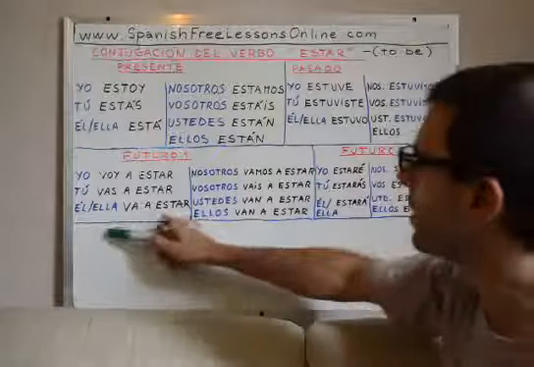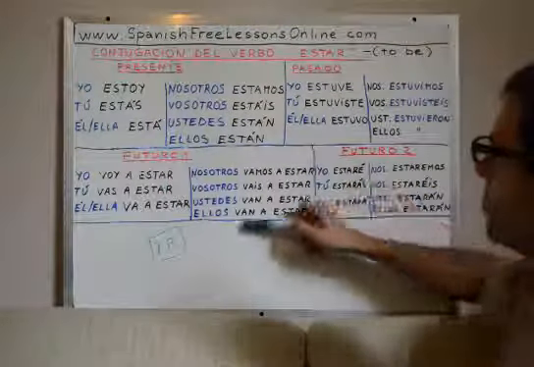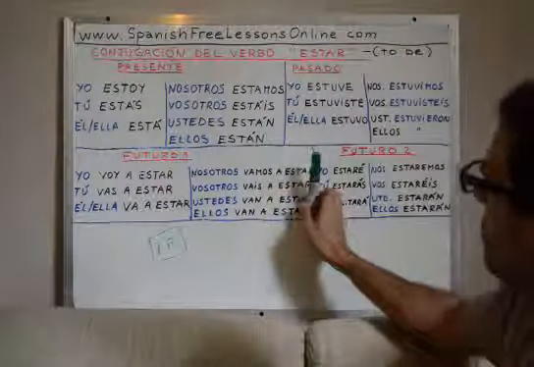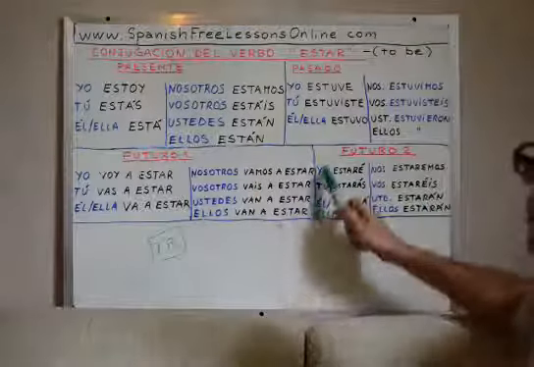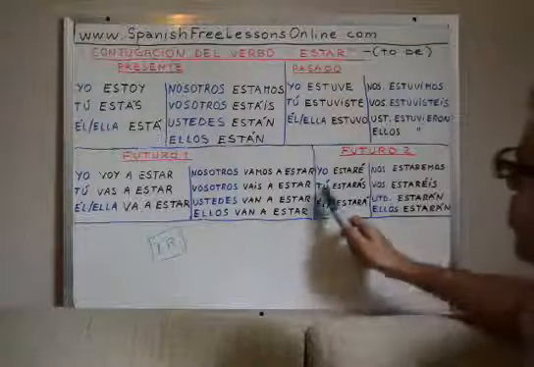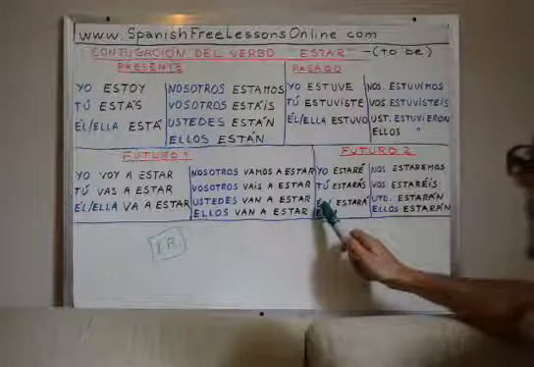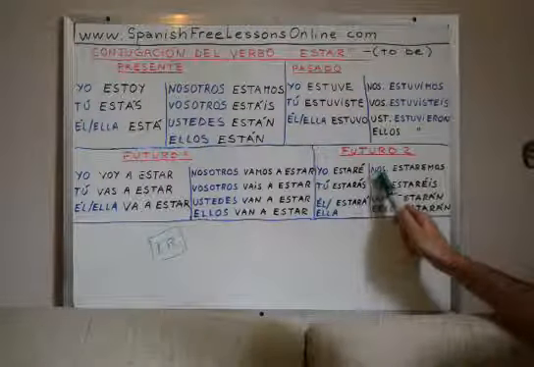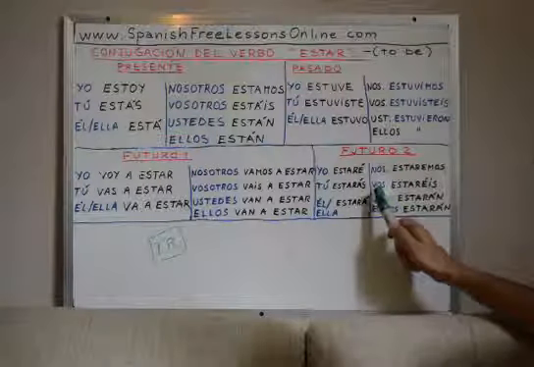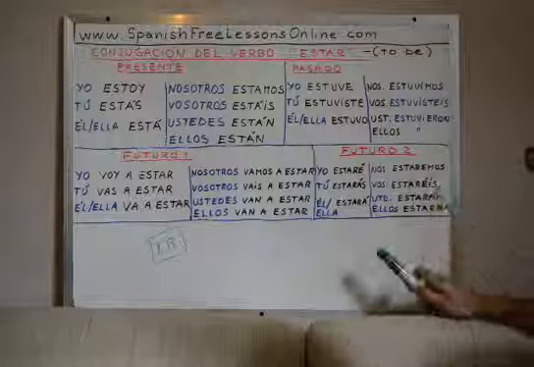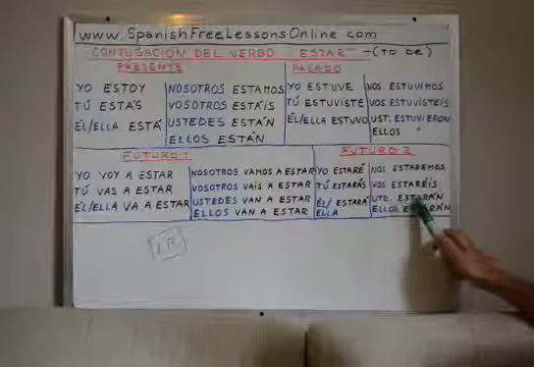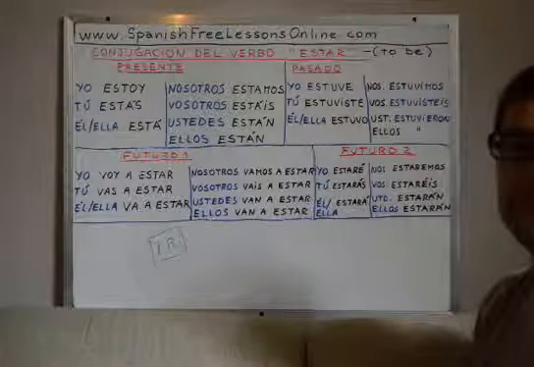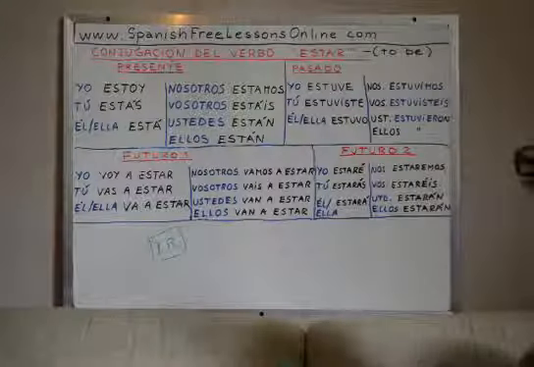And this is another way of building the future that's similar to English. Let's see this one, although I expect it will be easier for you to continue using this one, okay? Yo estaré, tú estarás, él estará, or ella estará, nosotros estaremos, vosotros estaréis, ustedes estarán, ellos estarán, they will be, okay?